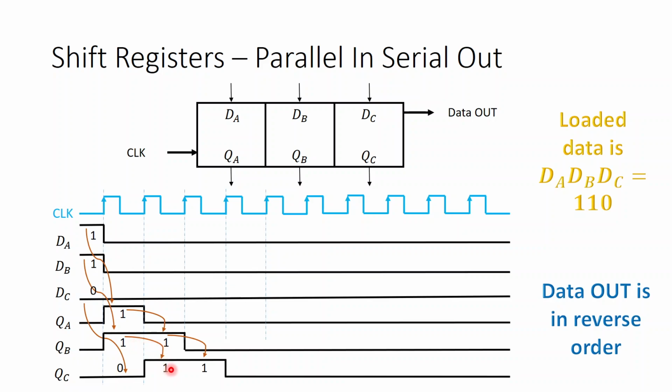So this comes to QC. At the next clock edge trigger, what happens? Your QB, this one will come to QC.